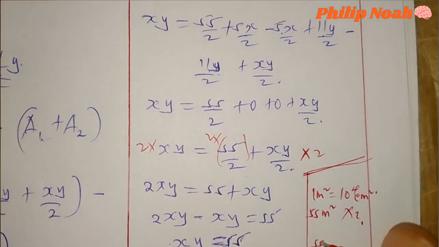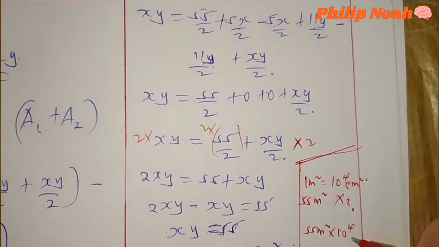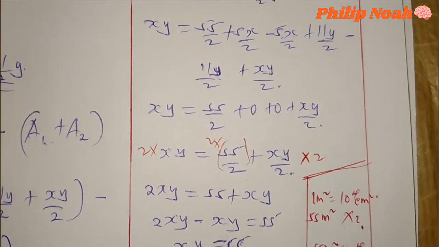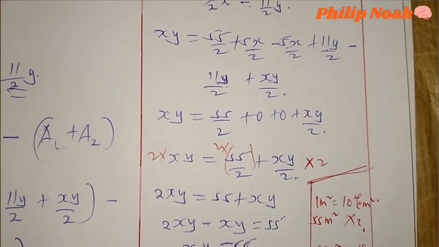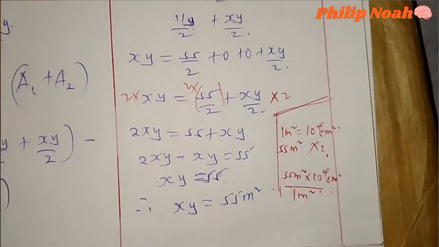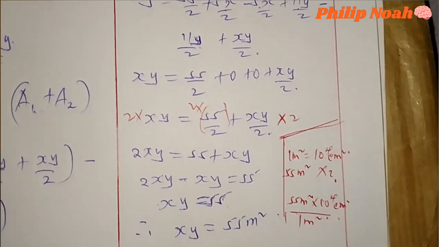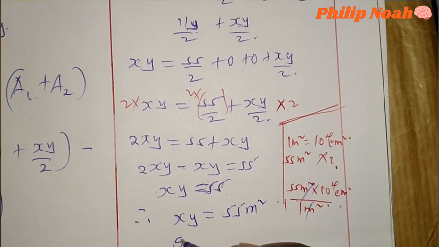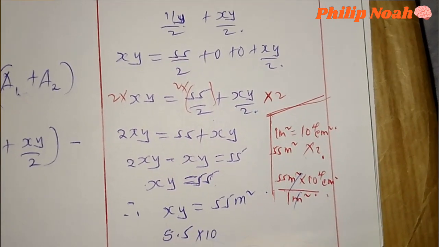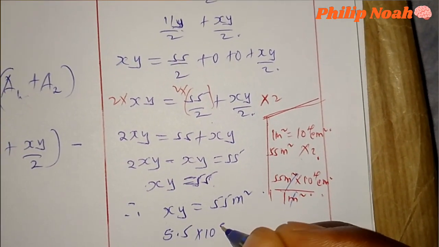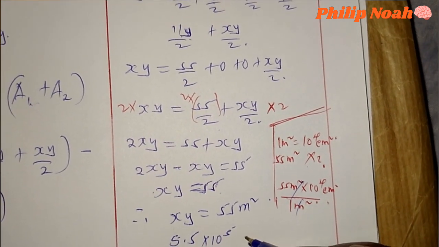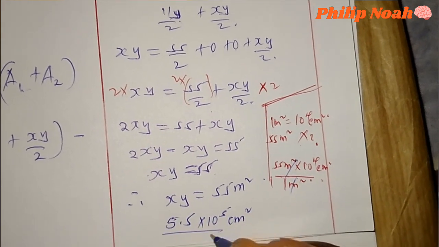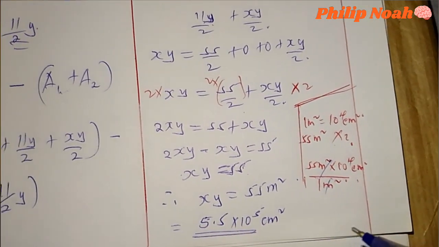We get 55 meters square times 10 raised to power 4 centimeter square over 1 meter square. As seen, this meter square cancels with this one, and we have now 5.5 times 10 raised to power 5 centimeters square as our area of the shaded region.